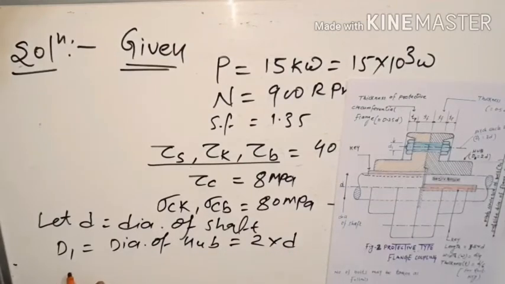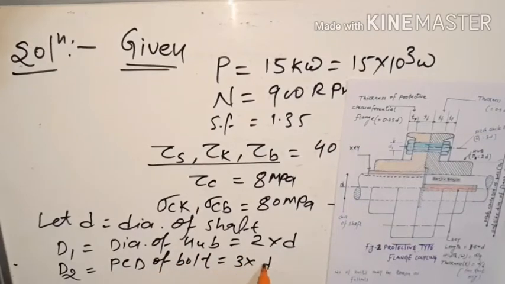And D2 is the pitch circle diameter of the bolt, PCD of bolt, which is equal to 3 into d. These are fixed values. And last, D3 is the outside diameter of the flange, which is equal to 4 into d.